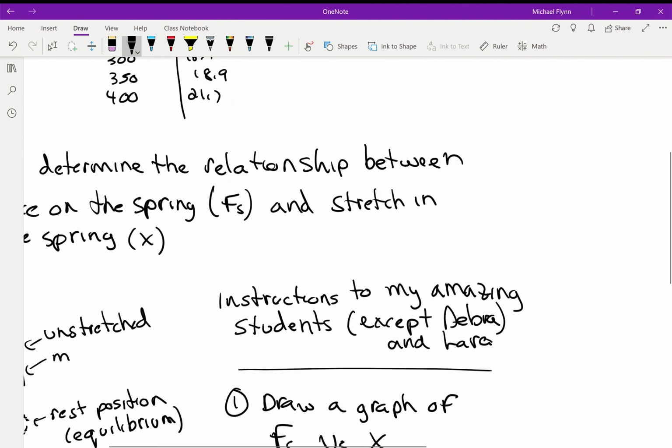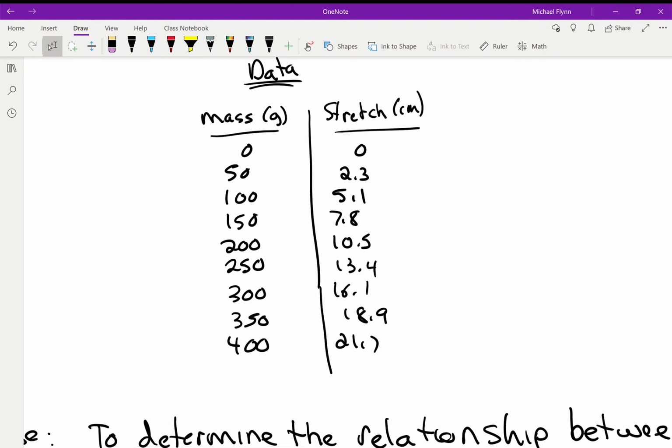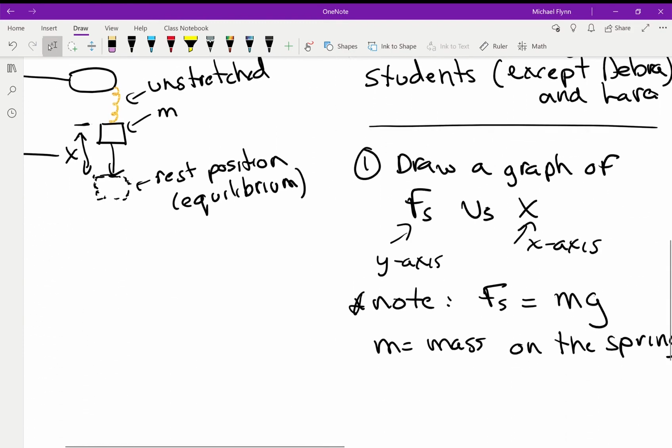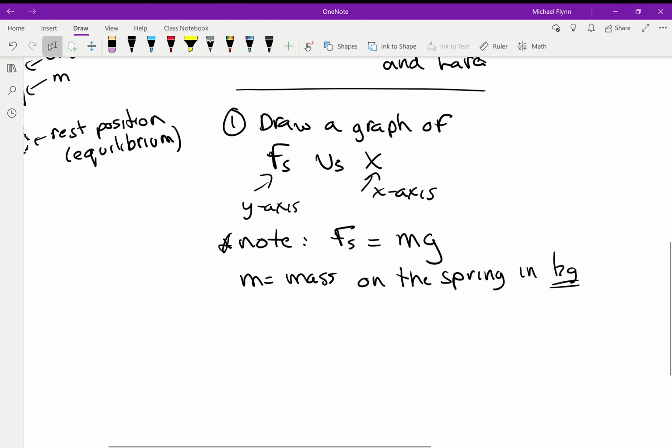Notice I gave you the mass in grams up here, and the reason why is because that's what I had in my hand. It was all measured in grams, so I just wrote it out that way. You have to divide those numbers by 1,000 first, then multiply by 9.8. And then you have your data table. It's okay to leave x in centimeters. So that's step one.